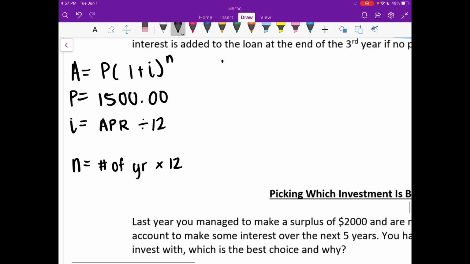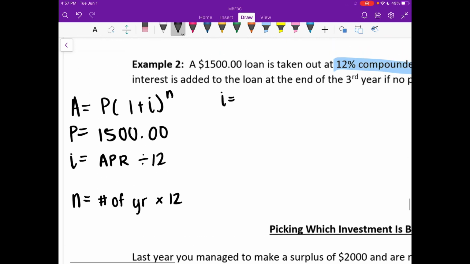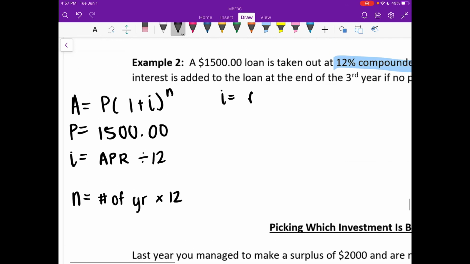So let's find our i. Our i is just 12%, which is 0.12 divided by 12, which is going to give us 0.01. That means that's the interest that's going to be charged to us monthly.